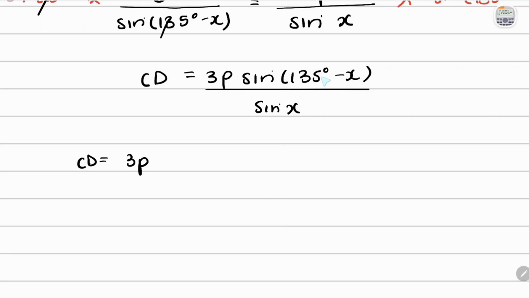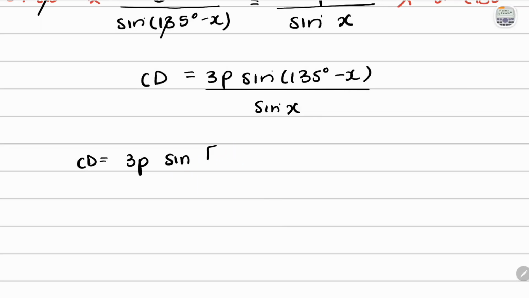Okay, so when looking at the angle 135 degrees, it is not over 360 degrees. So you're not trying to get it back to that. However, we can reduce it. Okay, so you can reduce it. But straight away, we could already see that this angle has 90 degrees in it and then an acute angle. Here's what I mean. So we can break it up. We can say this is equal to 3P and we have sine.